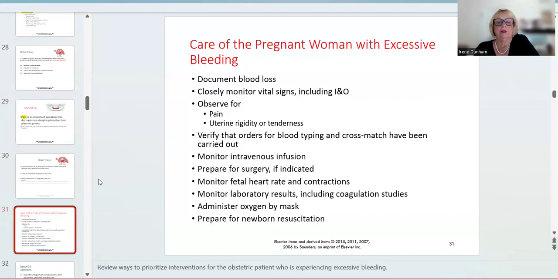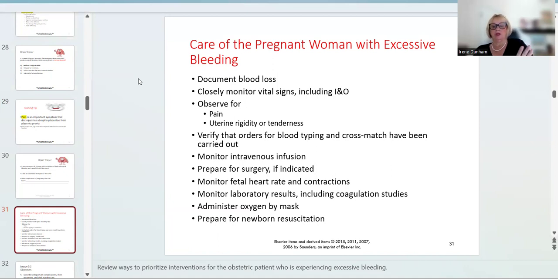All right, so let's go here now, taking care of the patient who is bleeding. You always want to do the vital signs, because remember, with hypovolemic shock she's going to have an increased pulse, an increased heart rate, and increased tachypnea, increased respirations. And then, of course, your blood pressure will go down.